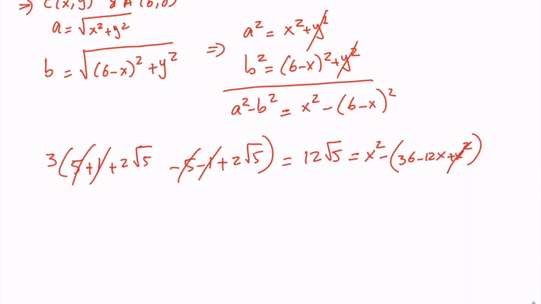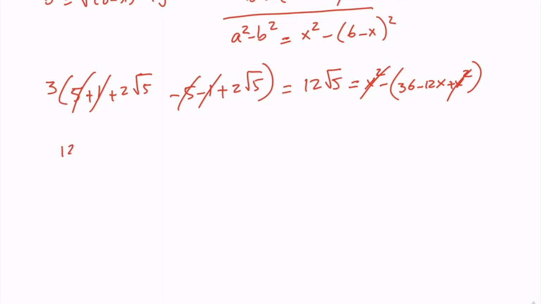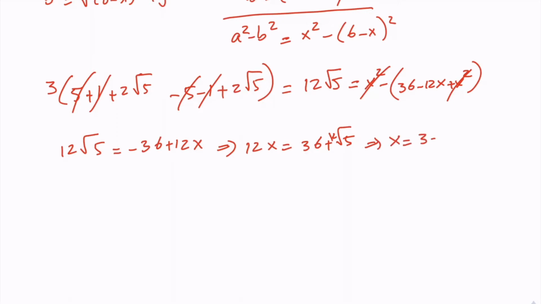Then this x squared and this x squared will cancel and we will get 12 root 5 equals minus 36 plus 12x, and therefore 12x will be 36 plus 12 root 5, and x will be 3 plus root 5.